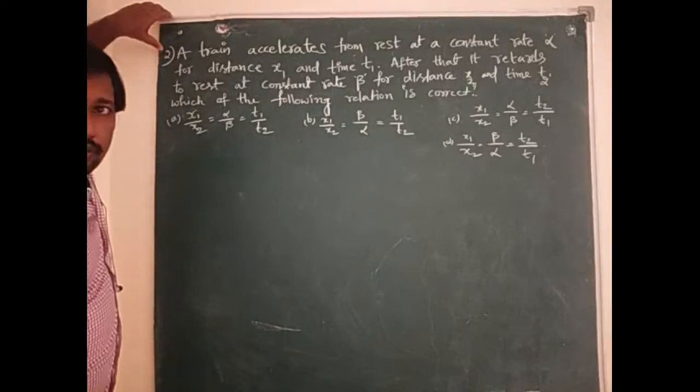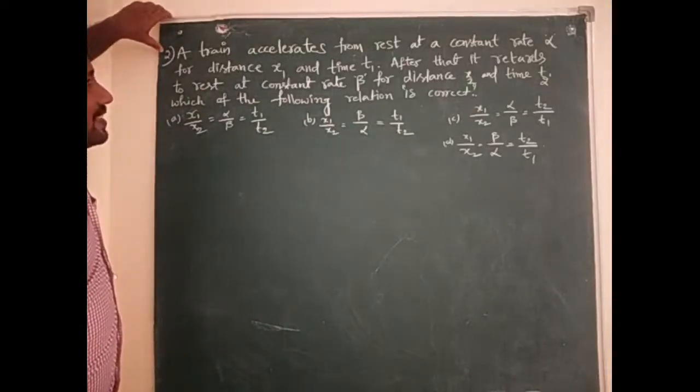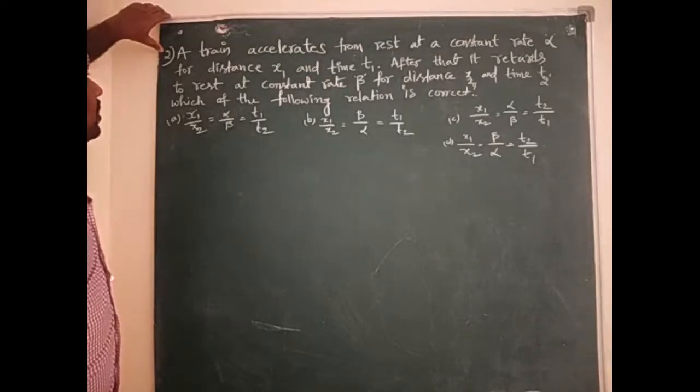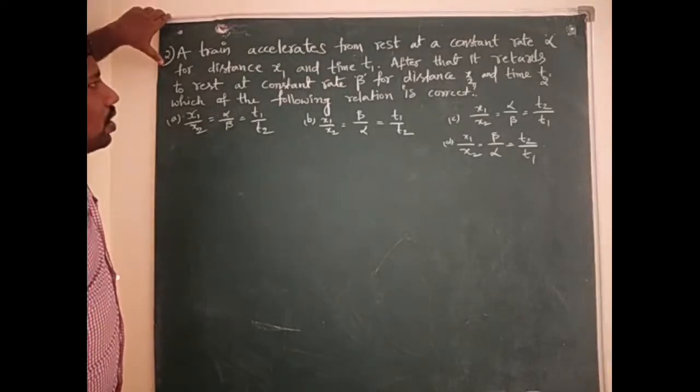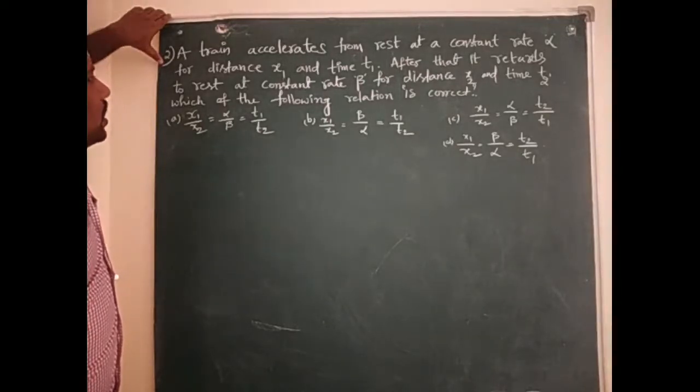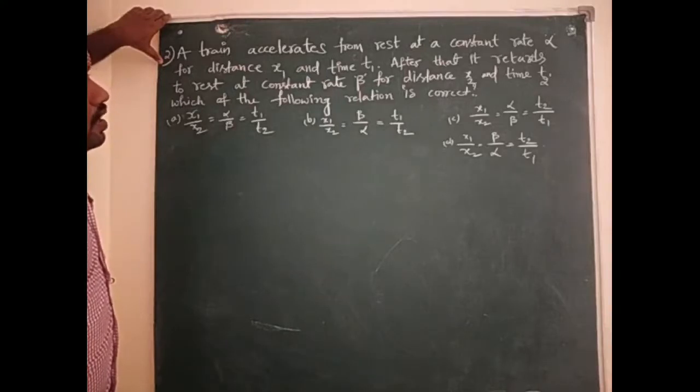In the question, a train accelerates from rest at a constant rate alpha for a distance x1 and time t1. After that, it retards to rest at a constant rate beta for a distance x2 and time t2. Which of the following relations is correct?